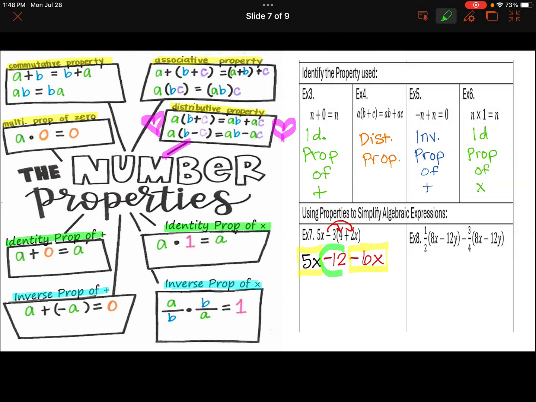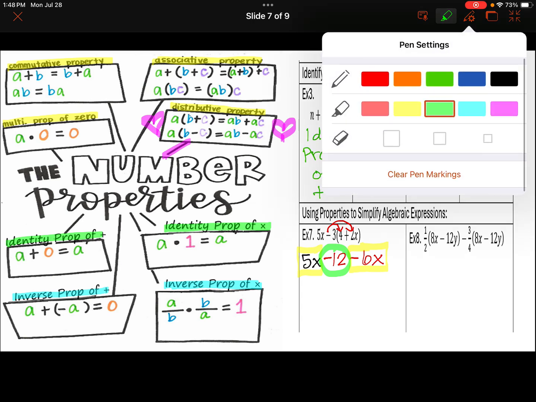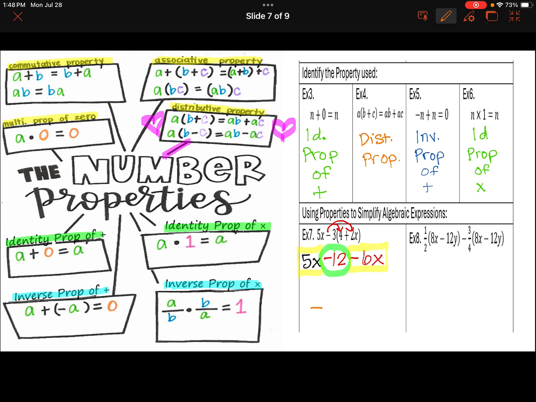And the trick is they have to be like terms, so they have to be the same variable raised to the same power. So a 5x and a negative 6x just turns into negative 1x, but remember you don't need to write the 1, it's invisible. And then we're going to have our minus 12. And those are not like terms, so now it's simplified.